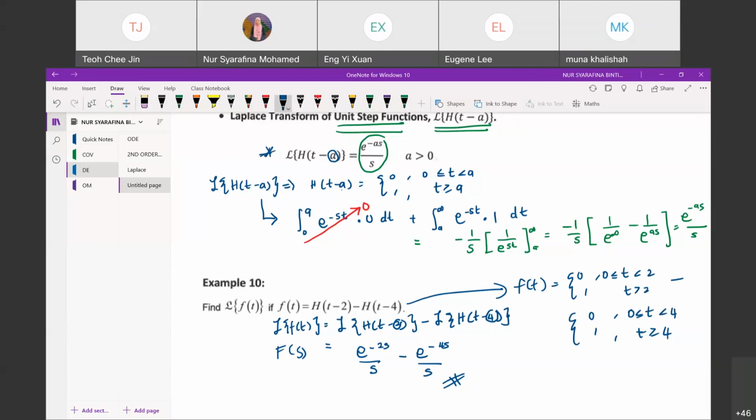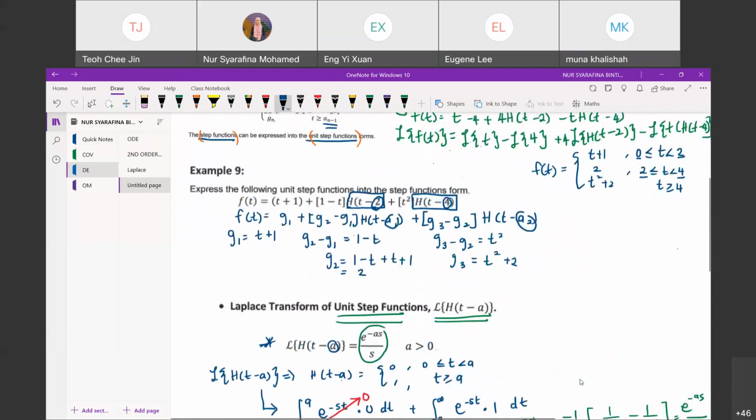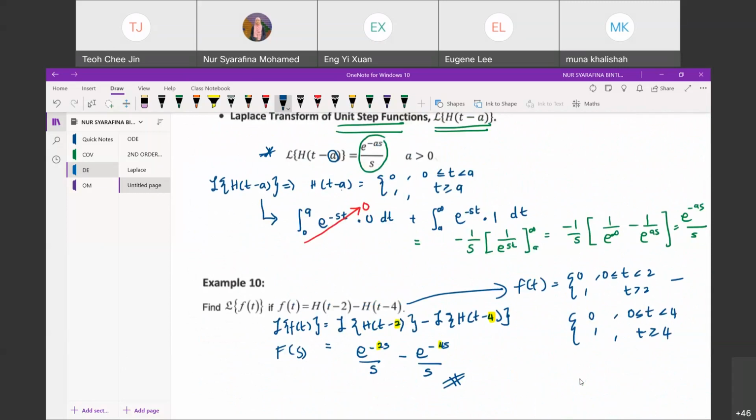Is that clear? Okay, so this is transforming a unit step function.